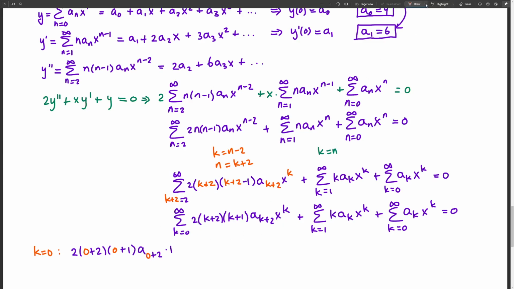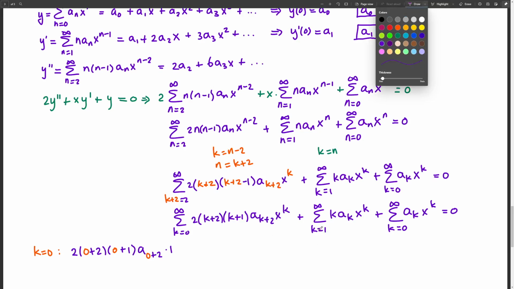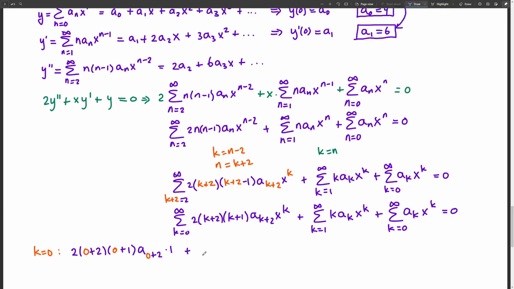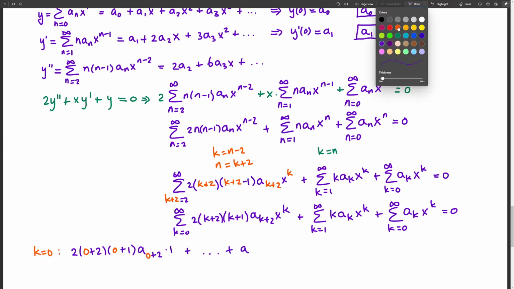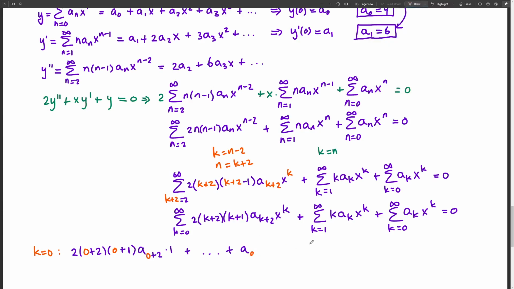And then for the second part, there is no contribution when k is 0. And then plus, when k is 0 here, I get a naught, right?